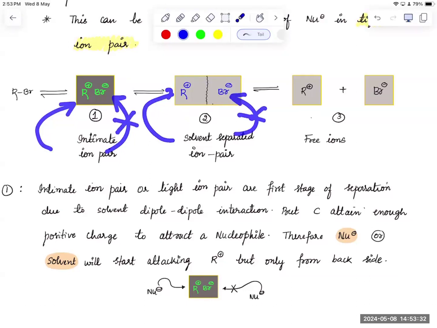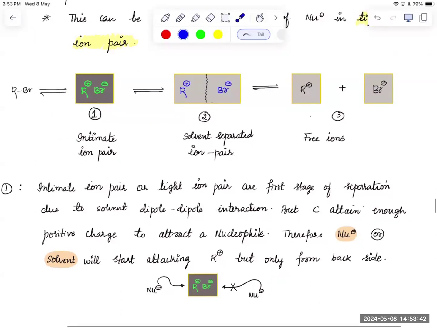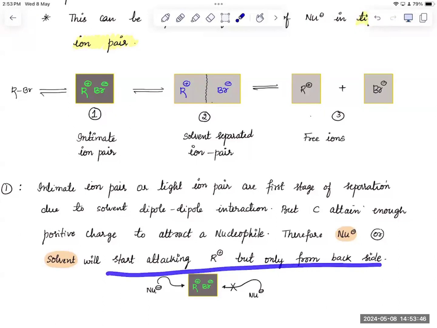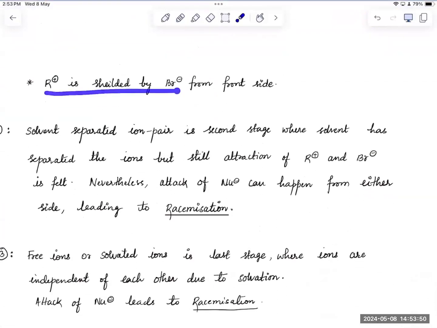But from the backside, the solvent can still attack. Solvent is a nucleophile, like water. So you will see the solvent attacking R plus from the backside. R plus is shielded by Br minus from the front side.